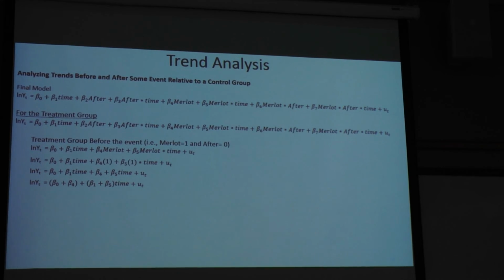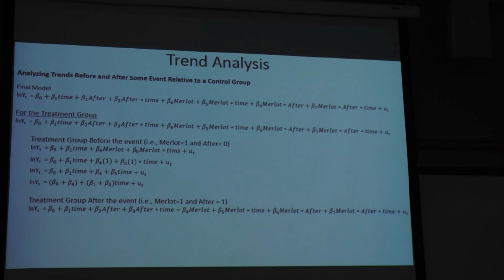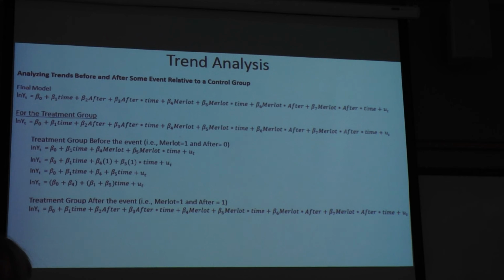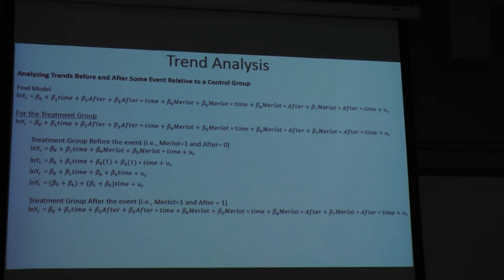All right. Let's now look at the treatment group. We are the treatment group, but we're looking at the treatment group after the event. So both Merlot and after are equal to 1. So we've got the full model. This is the same as the final model up there.